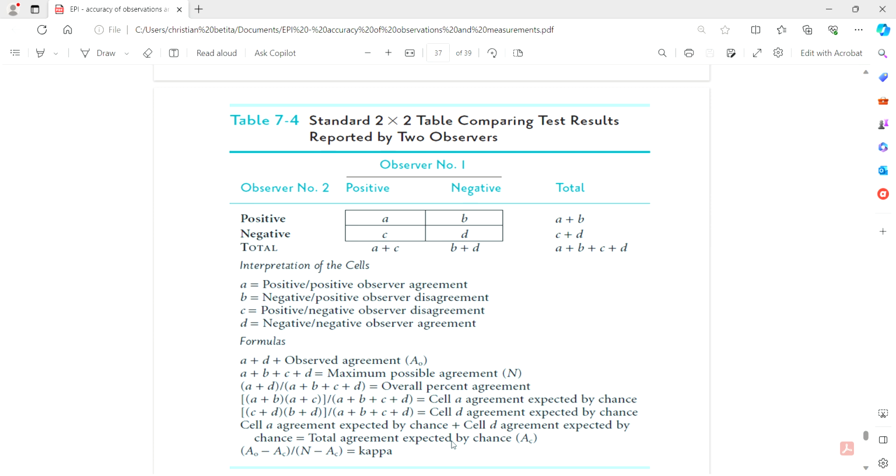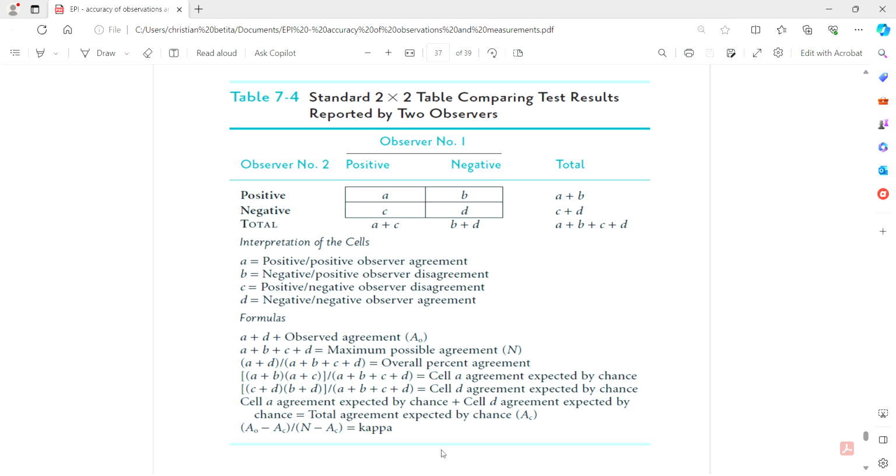Total agreement expected by chance, that's cell A agreement expected by chance plus cell D agreement expected by chance. And your kappa is simply observed agreement minus the total agreement expected by chance divided by the maximum possible agreement minus the total agreement expected by chance.